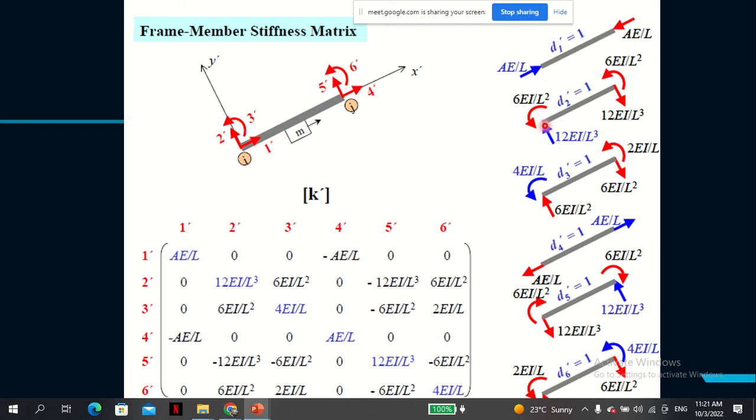When you apply the unit displacement in that direction, you realize that is the reaction, and these reactions have to be in equilibrium. So if this direction is positive, this shows a negative value, and then the resultants are those kinds of moments.